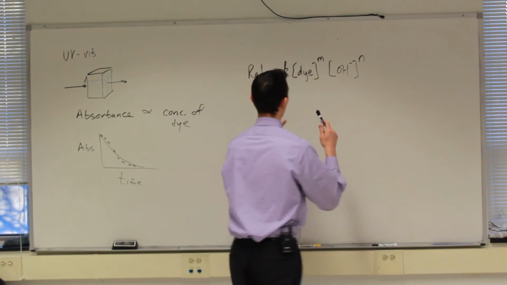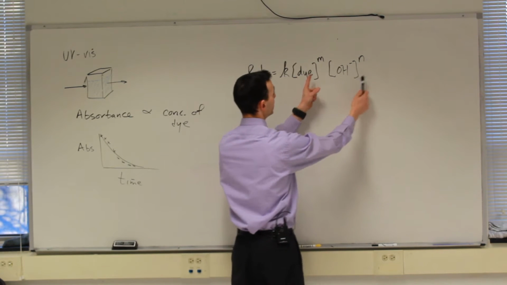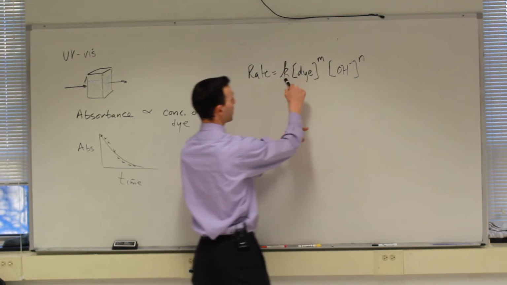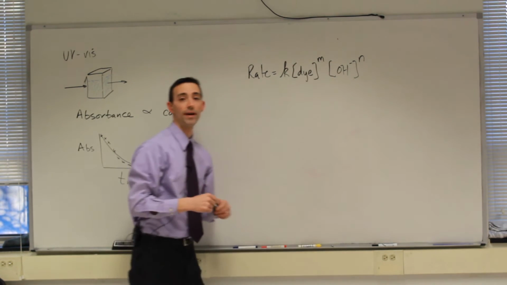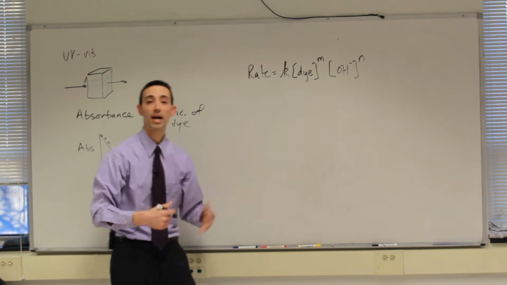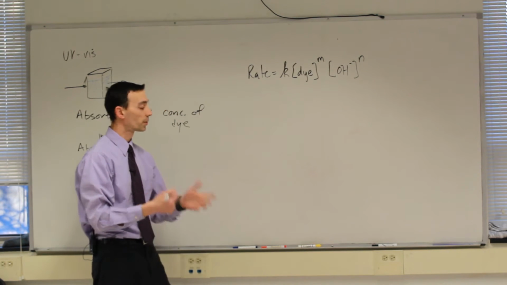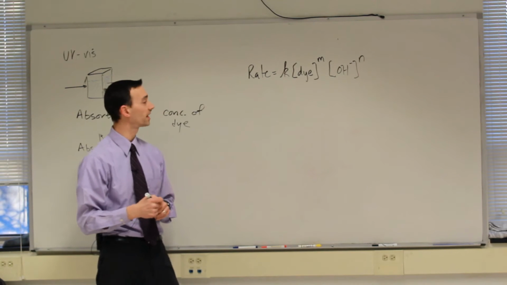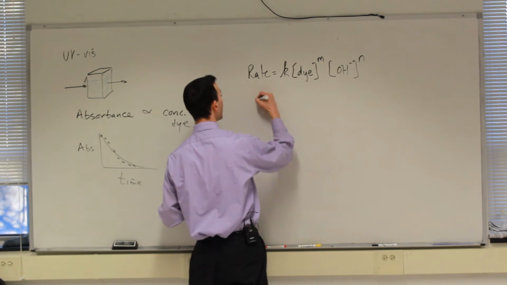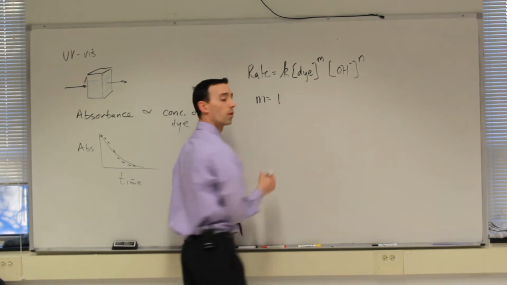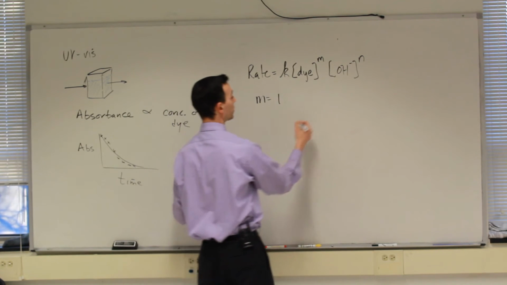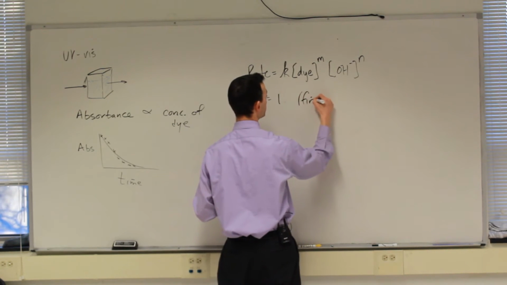Now we have two unknowns right now, actually a third, because we don't know the rate constant either. It's a pretty complicated scenario. So we're going to help and streamline things a little bit. The dye is first order. So m is equal to 1, meaning it's first order.